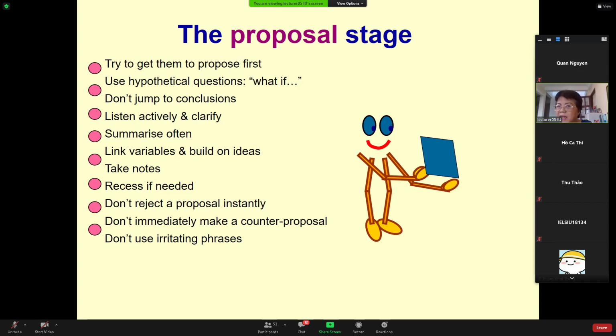Make them feel easy in the negotiation meeting with us. Show respect to the other party, take notes, ask clarification questions. Give them the priority in the negotiation meeting, but don't immediately use a counter offer or any irritating phrase in the proposal stage.